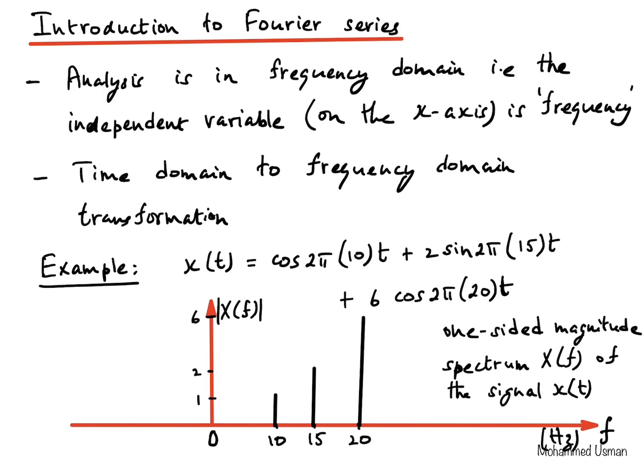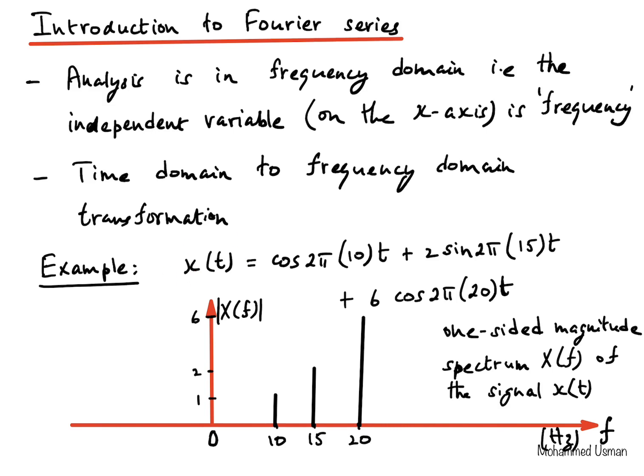Just as we had discrete signals, which have impulses at integer values of the independent variable, similarly the Fourier series or the Fourier transform of a periodic signal is discrete in nature, and in being discrete, it is termed the Fourier series.